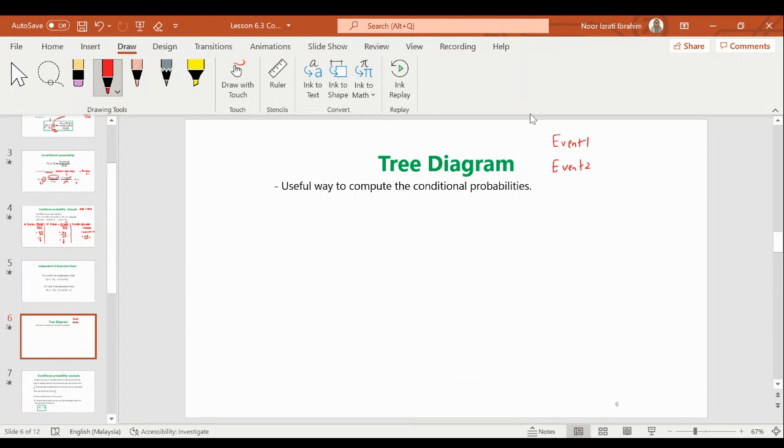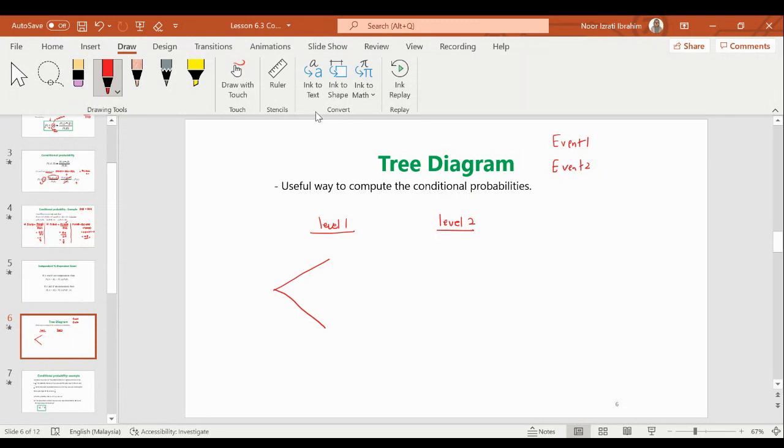To create the tree diagram, you must know which event is the first level and which event is the second level, because in a tree diagram you will have level 1 and level 2. Level 1 always consists of single probability.